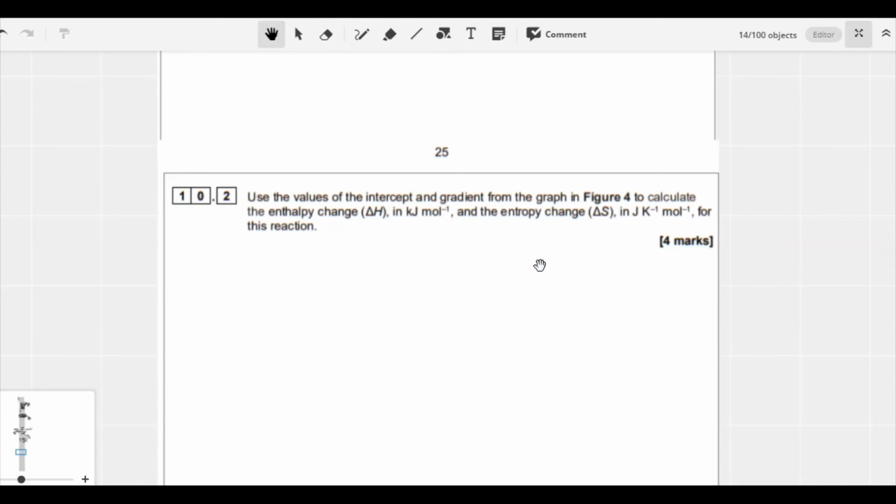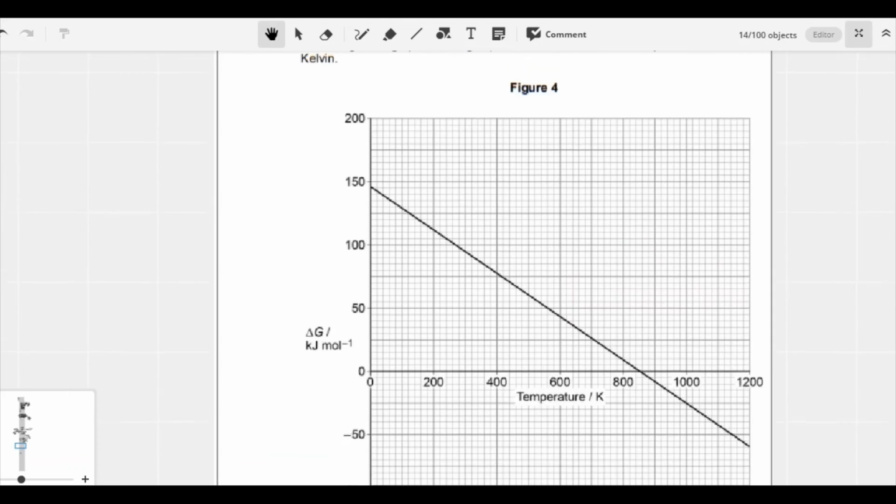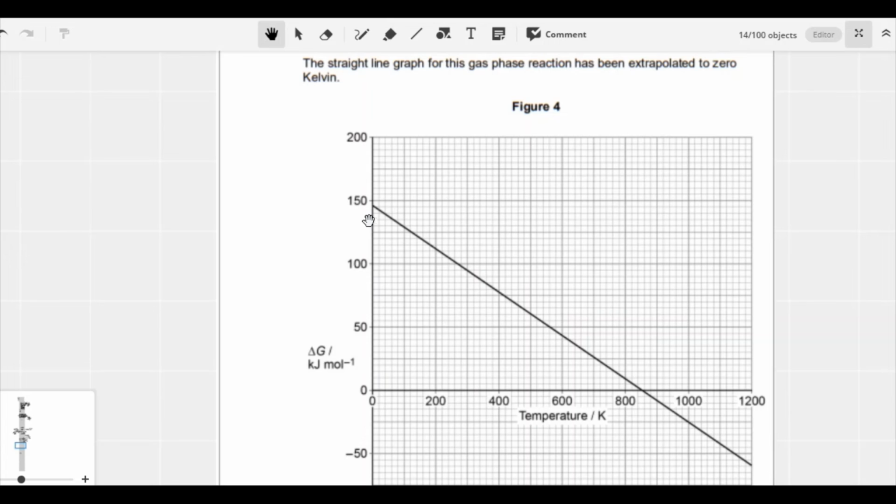Okay, so first of all, you need to find the enthalpy. So the enthalpy change del H will equal, you can see here, in kilojoule per mole, the intercept on the y-axis. So here that point normally indicates about 146.